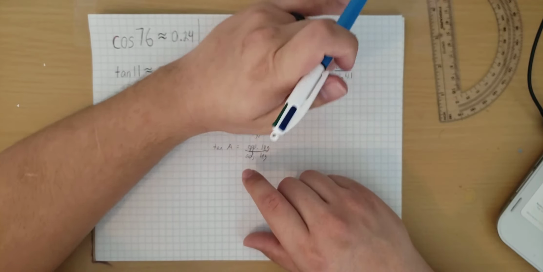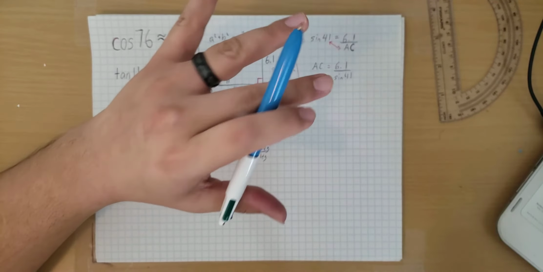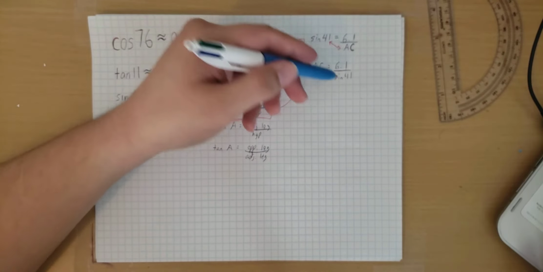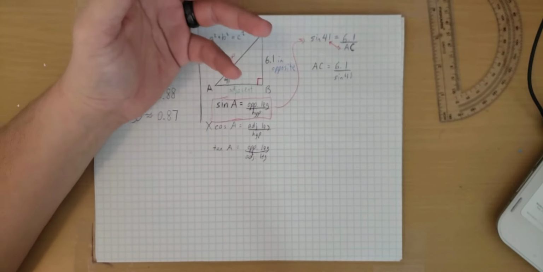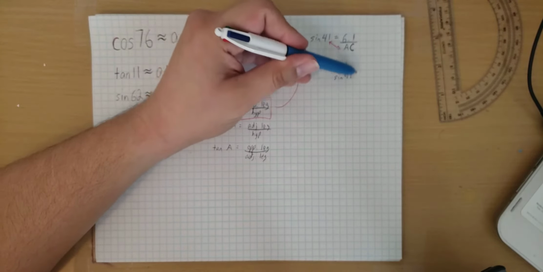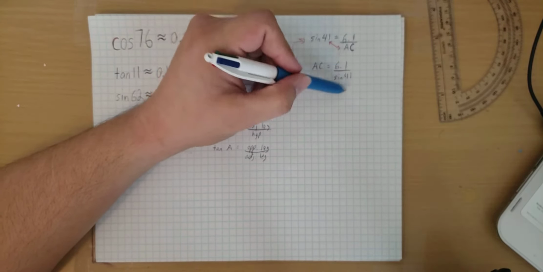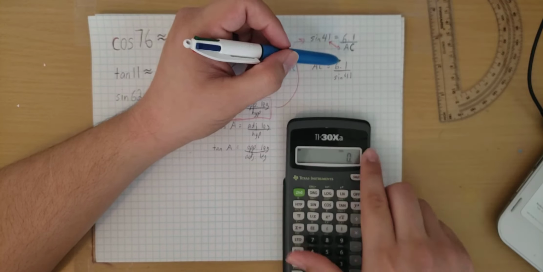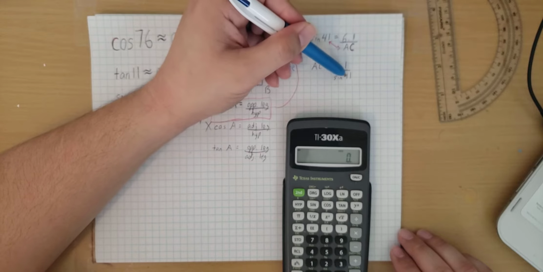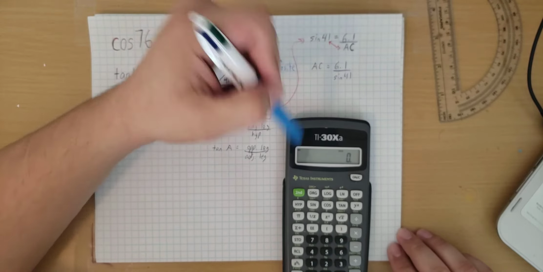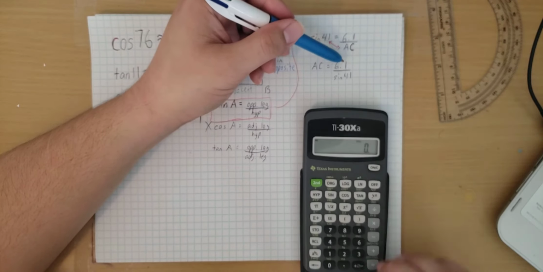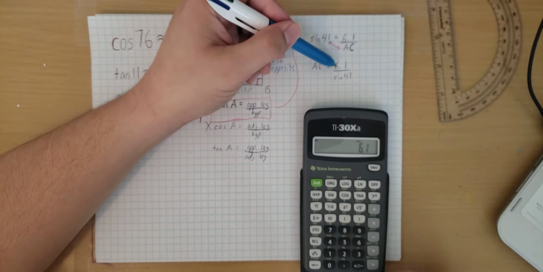Now, this part is important. We're going to have to use our calculator. We can't figure out sine of 41 without the calculator. This can be typed in all at once, but you have to be very careful how you do it. Remember, this is saying 6.1 divided by the sine of 41. If you follow this process exactly, this is how you get the solution. Start off by typing the numerator, 6.1.